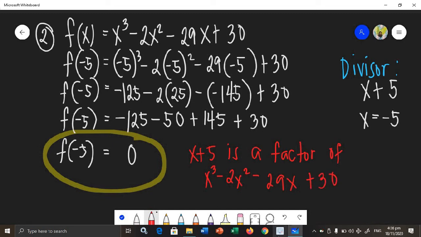So, how about let's solve another example, the last example.